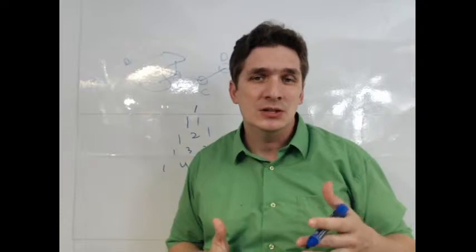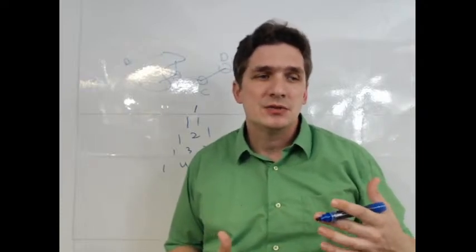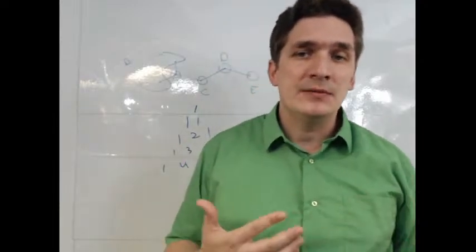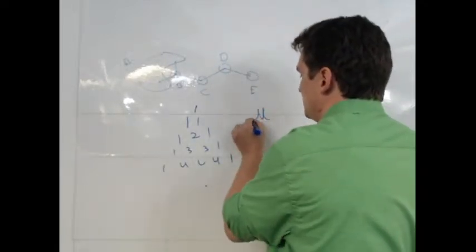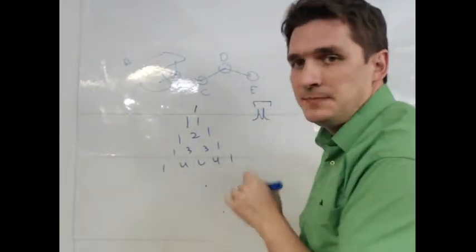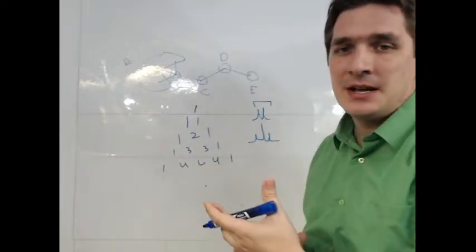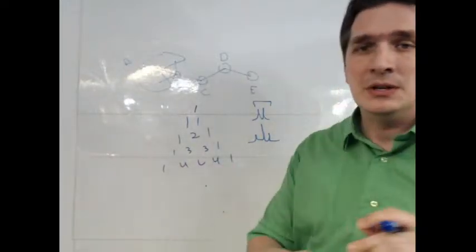Now, the reason I don't really emphasize it that much at this level is, in my opinion, when you're getting simple splitting patterns, it's really obvious when you have a doublet or a triplet. Your doublet is going to be 2 side-by-side peaks, and they're going to be counted as 1. Your triplet, it's going to be really obvious that you've got this high center peak and 2 smaller peaks. I don't know how on earth you would end up getting a quartet.